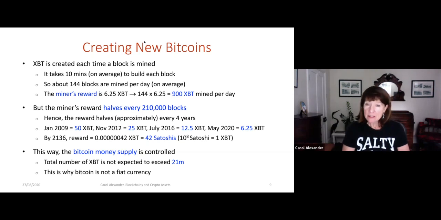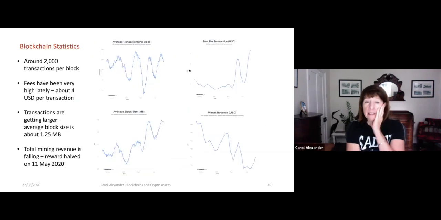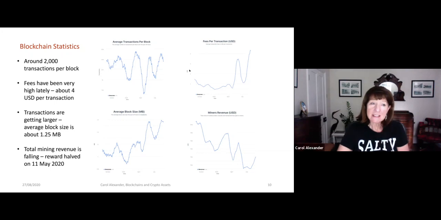At the moment, though, there's about 900 Bitcoin that are mined every day, because it takes about 10 minutes to build each block, and each block gets 6.25 Bitcoin. Having a look at some more blockchain statistics, we can see there's around 2,000 transactions per block.